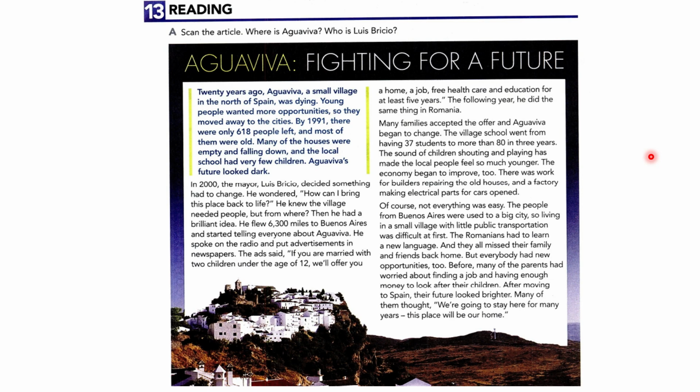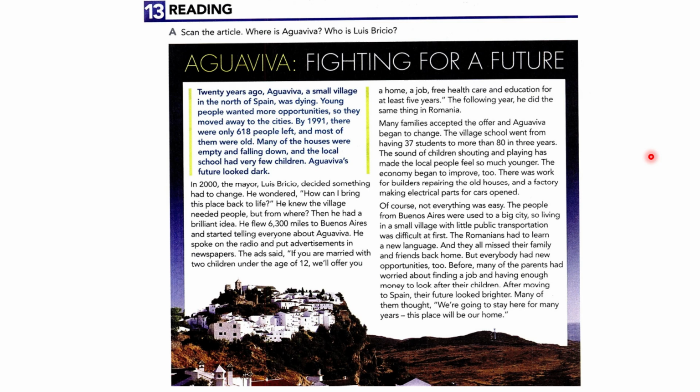By 1991, there were only 618 people left, and most of them were old. Many of the houses were empty and falling down, and the local school had very few children. Agua Viva's future looked dark.